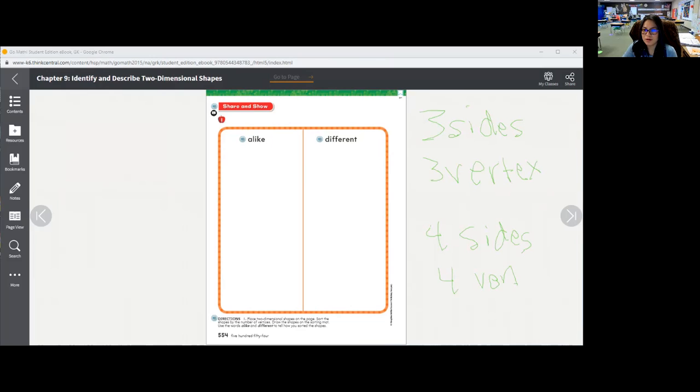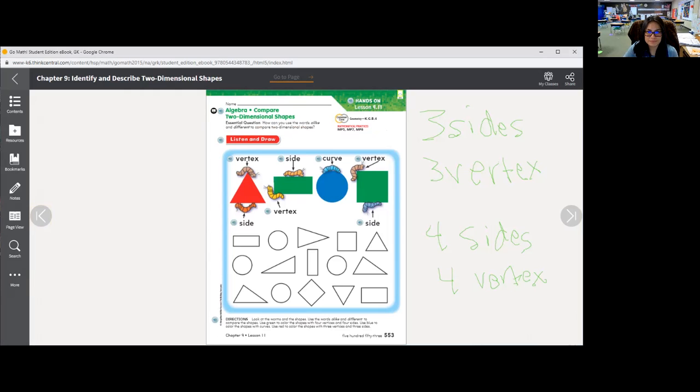So, with that said, I want you to draw all the shapes that are alike and all the shapes that are different, okay? What is something that we know that is alike on the shapes? If we look at the page where we had all the shapes, what is one thing that they have in common? Let me go back real quick. So we know that some shapes have 4 sides and 4 vertex, right?